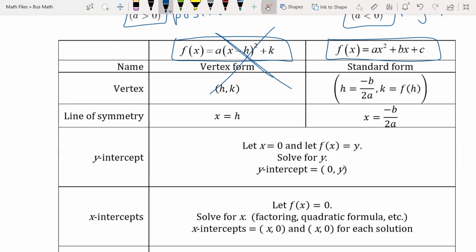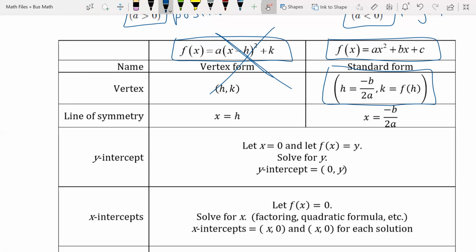So with that being said, in order to find the vertex, the main point of your parabola, we are given a formula, which is right here. To find the h value, we will use h equals negative b over 2a. And to find the k value, you will take the h value that you found, plug it into the original function, and solve for k, or solve for y, whichever that is.